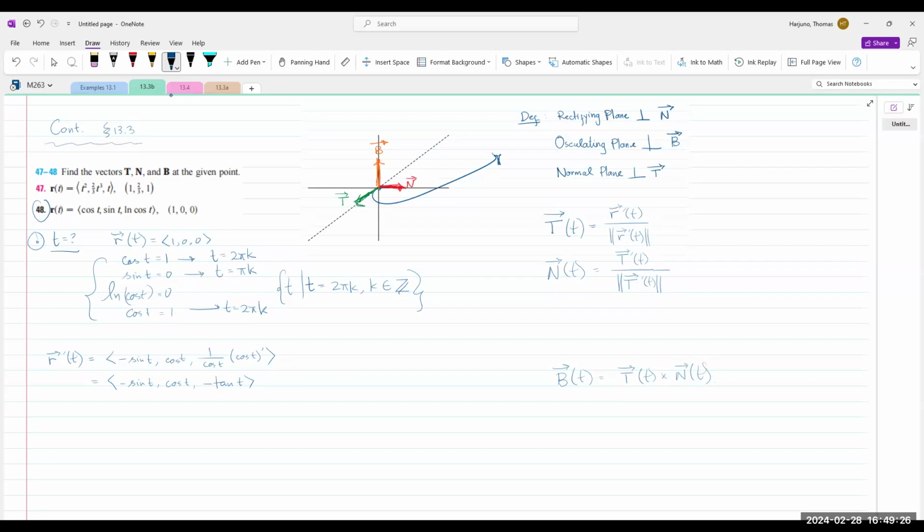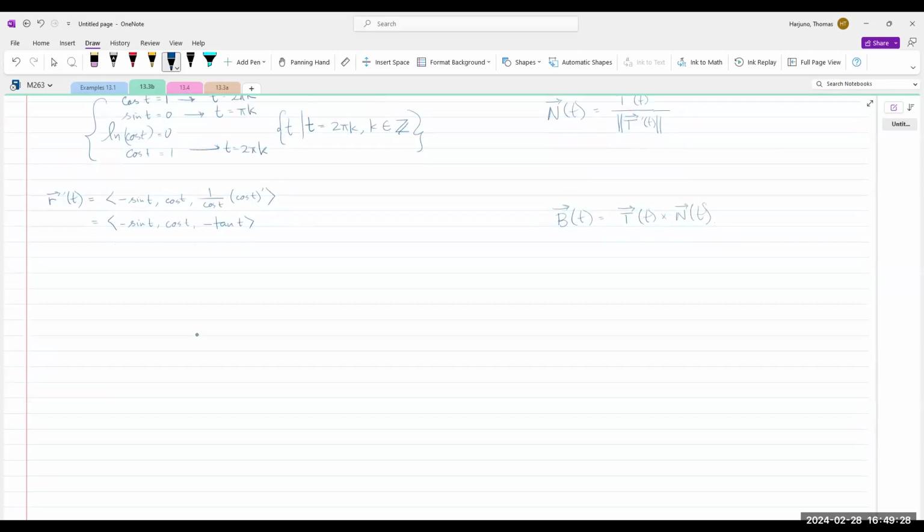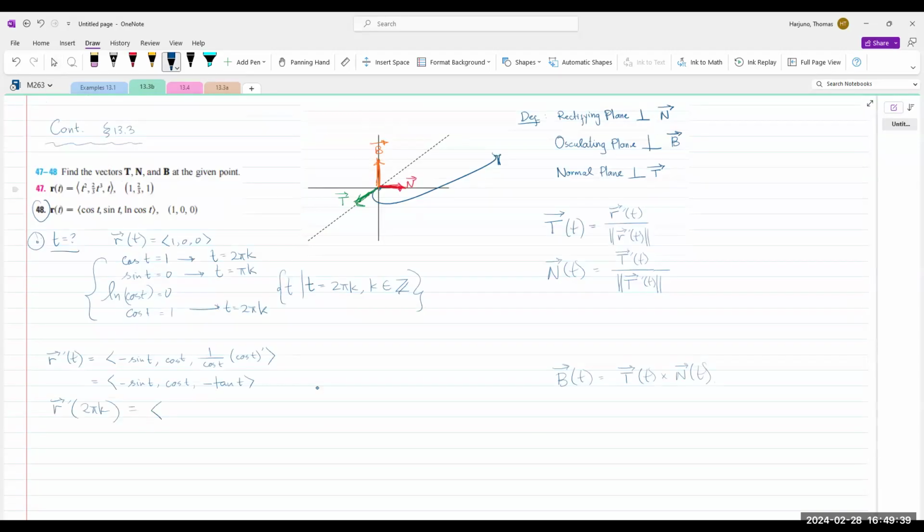Then from here we see what r prime of 2 pi k is. Cosine t at that time is 1, sine t at that time is 0, so we just use that. Negative sine t is 0, cosine t is 1, and the tangent is 0.